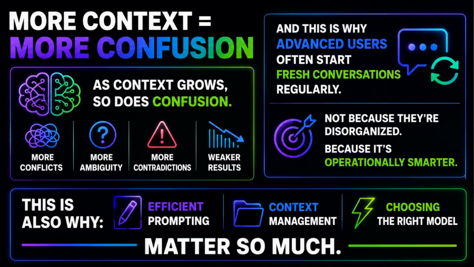So long chats don't just become slower. They can become worse. Lower focus, lower quality reasoning, causing more confusion. And this is why advanced users often start fresh conversations regularly. Not because they're disorganized, but because it's operationally smarter. This is also why efficient prompting, context management, and choosing the right model can matter so much.